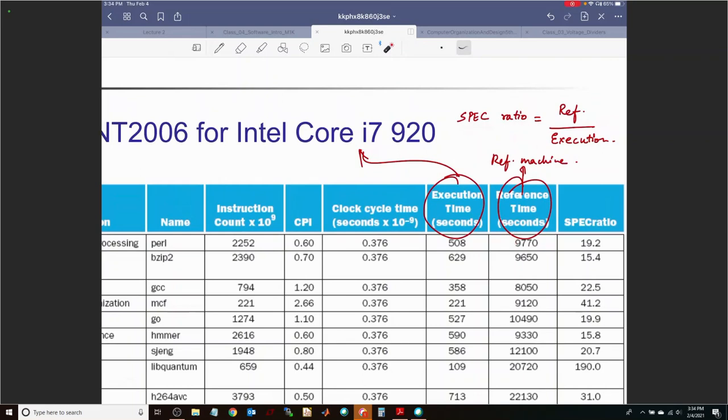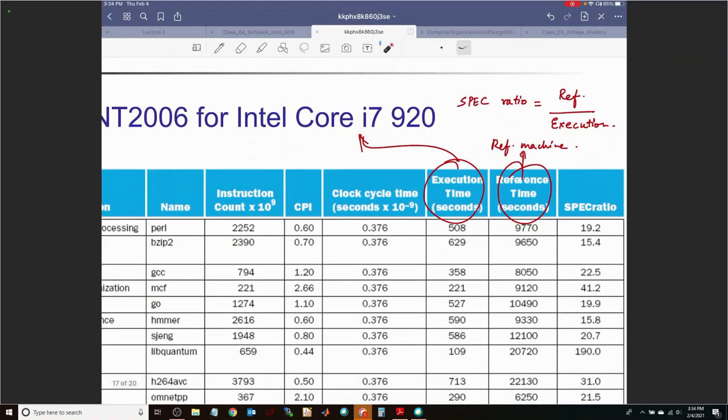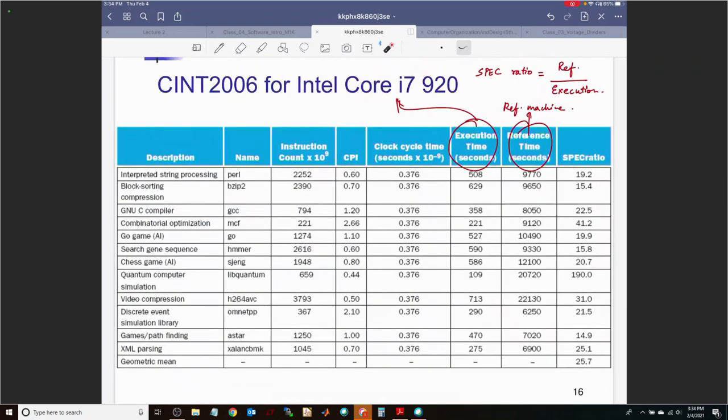You would want the reference time to be very, very long compared to the execution time for our machine. So you would want this number to be as large as possible with respect to this number. The bigger it is, the faster your machine under test is running with respect to the reference machine. So you would want that SPEC ratio to be as high as possible. Higher the better. Let me write that down. High is good.